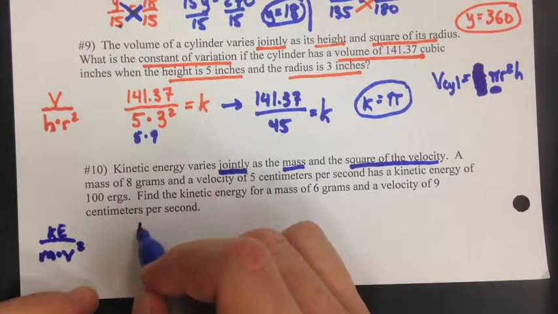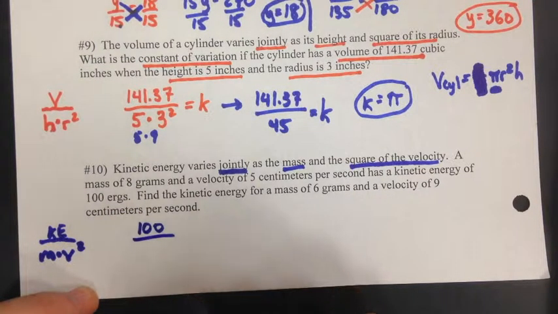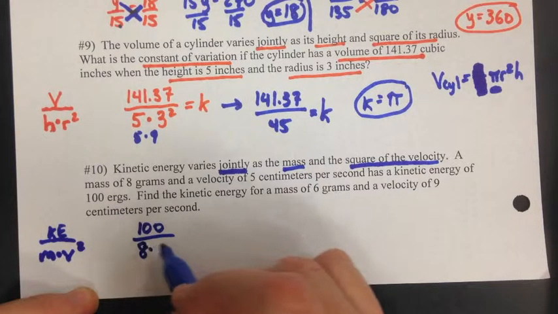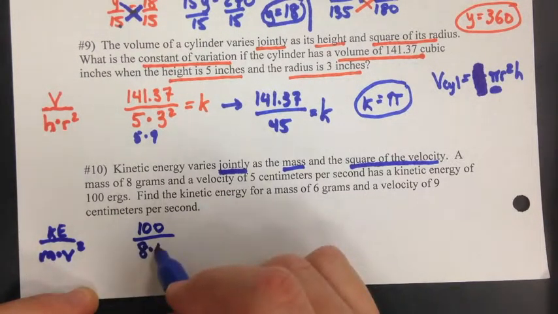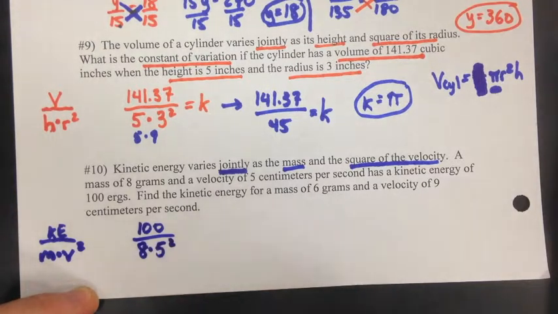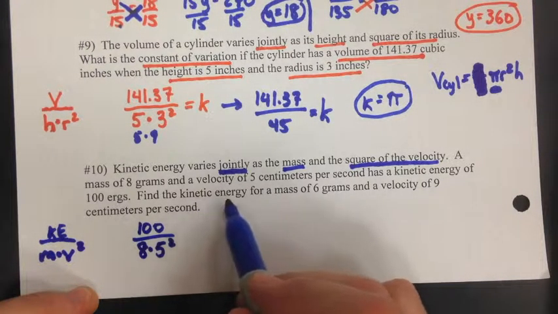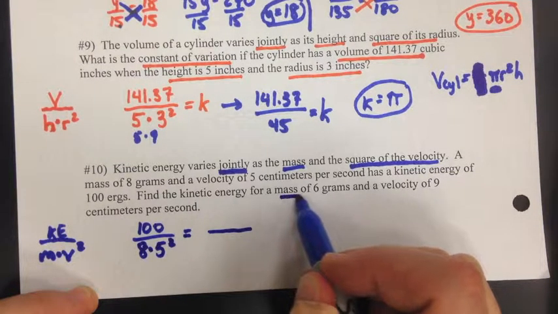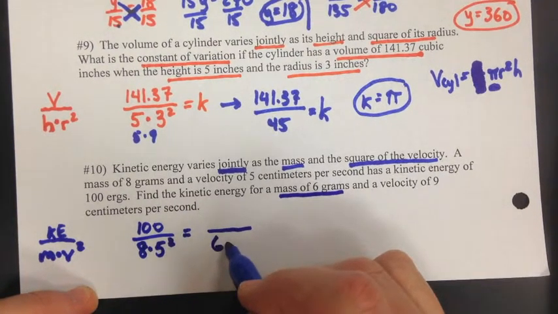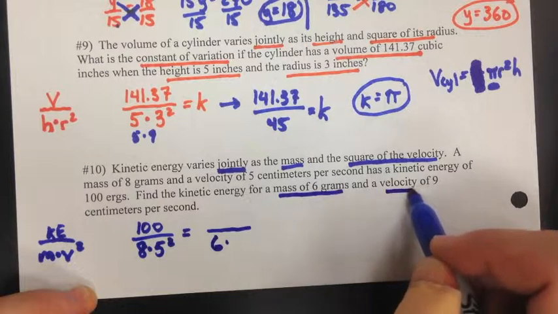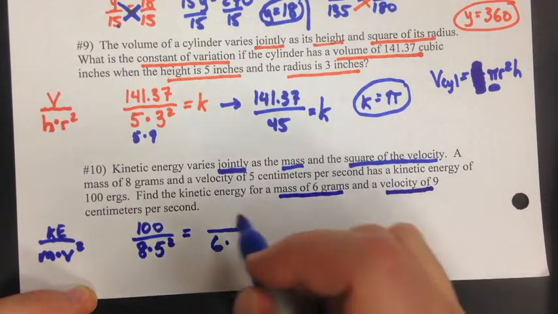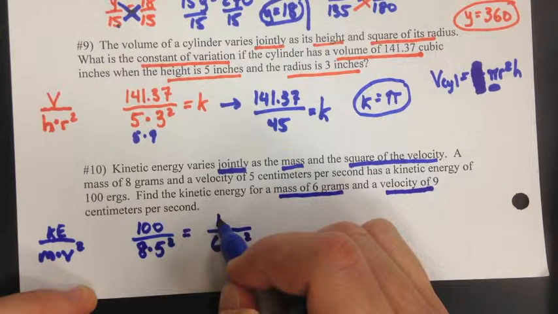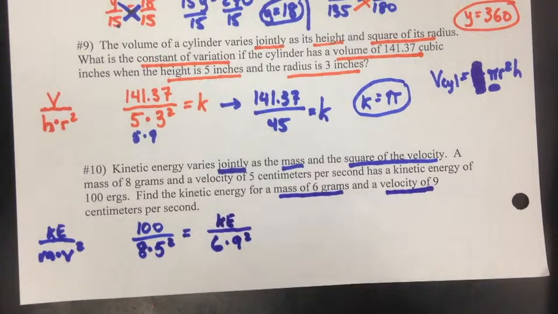So the kinetic energy of 100 ergs when the mass is 8 and the velocity is 5, so 5 squared. Find the kinetic energy for a mass of 6 grams. So the mass is 6. The velocity is 9 centimeters per second, so that's times 9 squared. So there's the kinetic energy, that's our variable in this case.